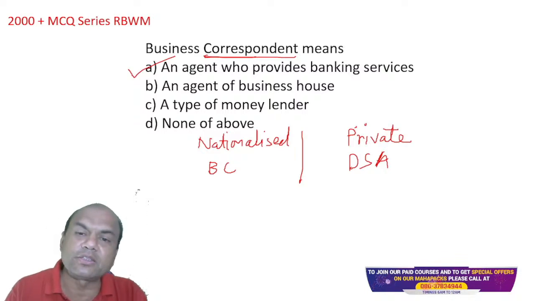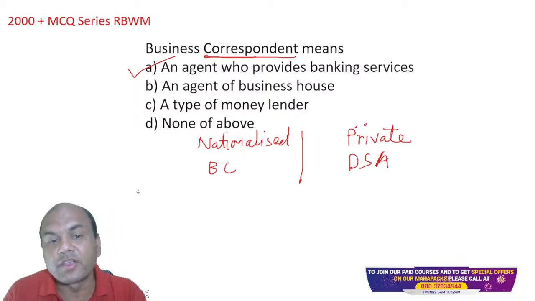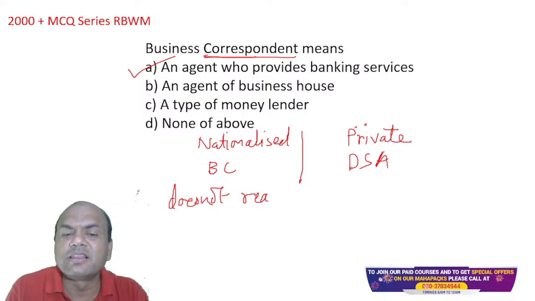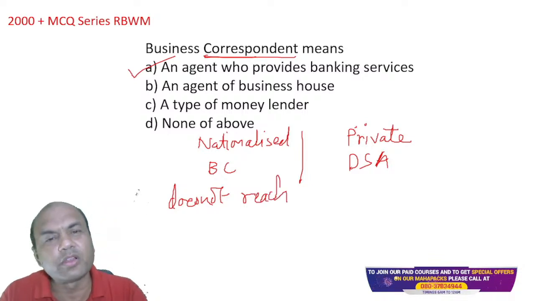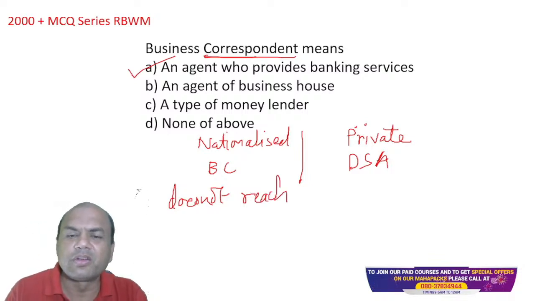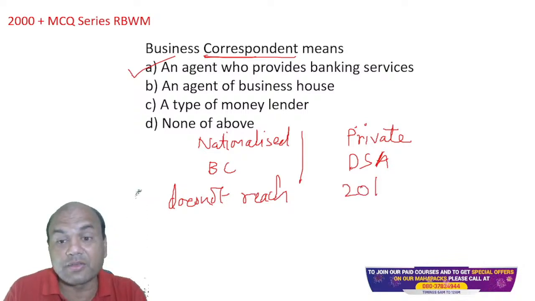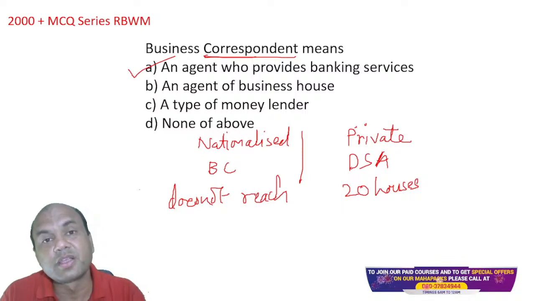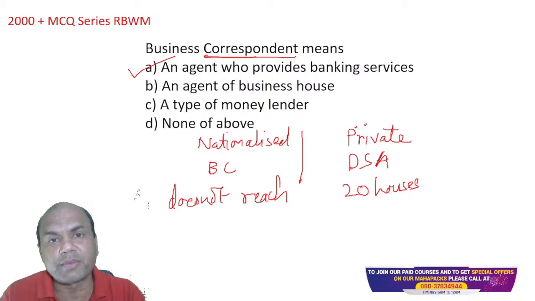Here, a BC is always appointed in those areas where the bank doesn't have the reach. Let's say there's a small village of 20 houses. There are many villages with 20, 30, or 50 houses. The population is hardly 200, 300, 400 at most.